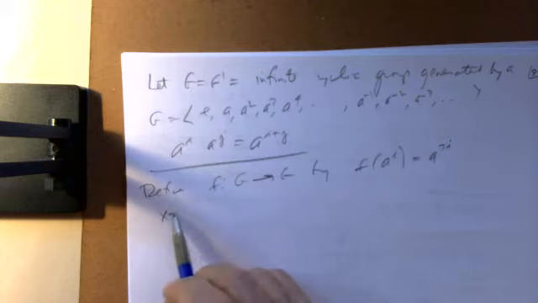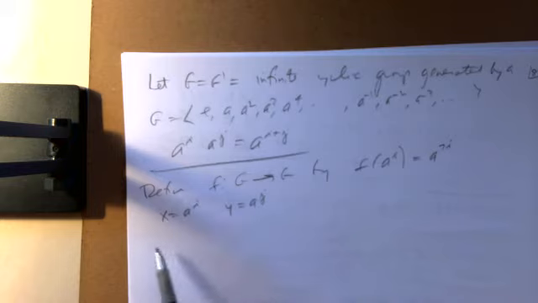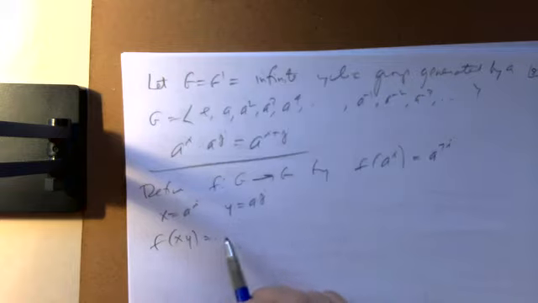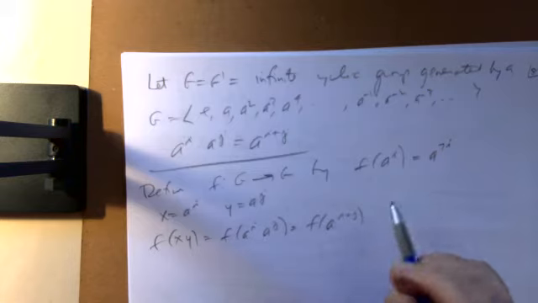So suppose we take x equal to a to the I and y equal to a to the j, because any element is a power of a. So f of xy is f of a to the I times a to the j. But a to the I times a to the j is a to the I plus j.